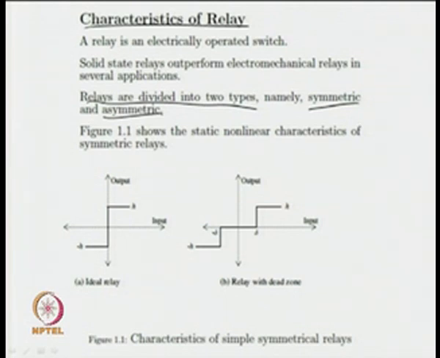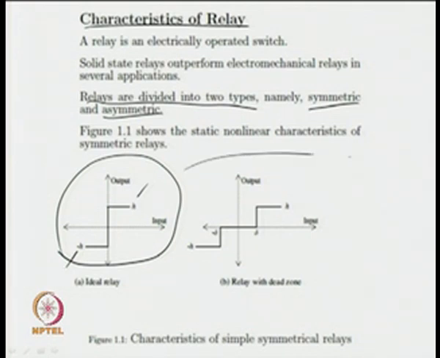What do we mean by a symmetric relay? The input output characteristics of a symmetric relay are shown over here. When the relay settings are equal, when we have a positive plus H and minus H setting, then the relay is symmetric and ideal.